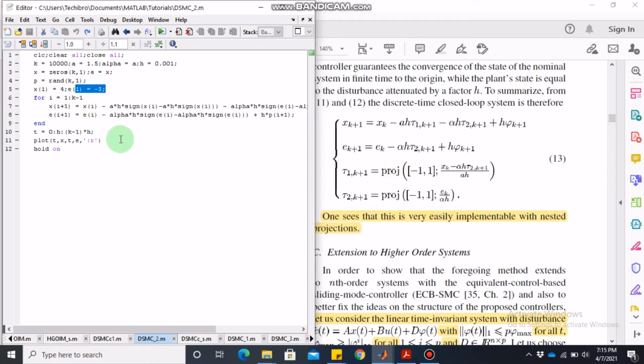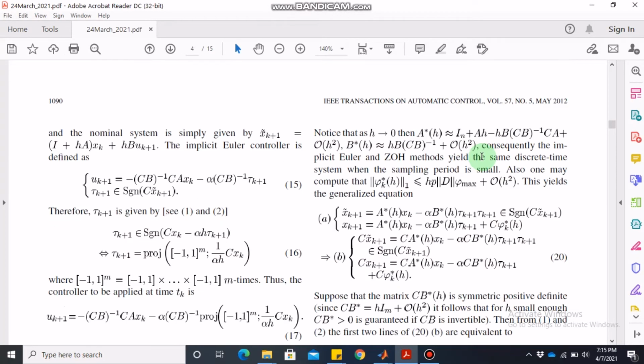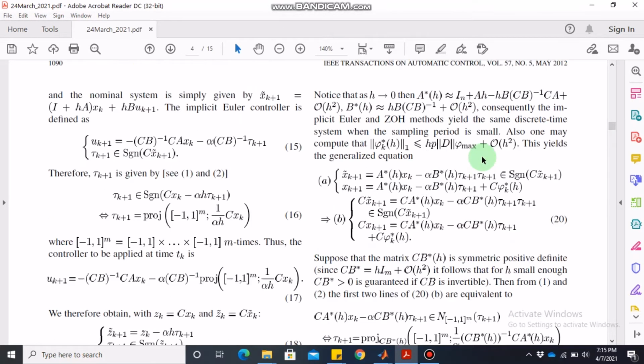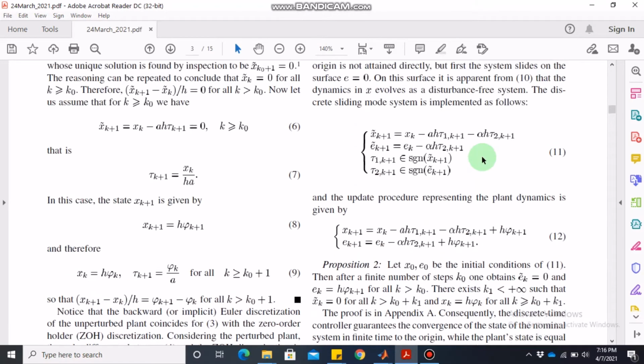And if you look at the equation, this is xi plus 1 is equal to xi minus a times h times sine of xi minus a. This is the same strategy that I used in the previous example when I simulated equation 4. So instead of tau k plus 1, let me see, there it is, equation 11.